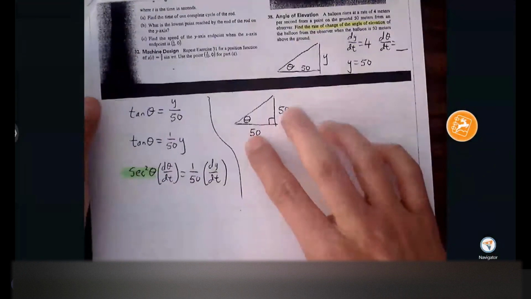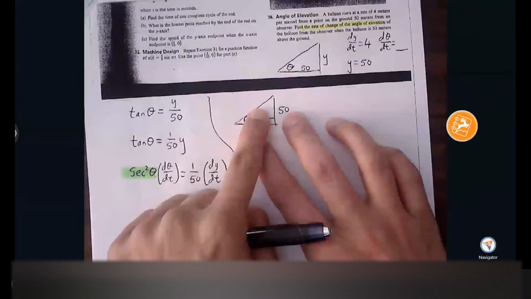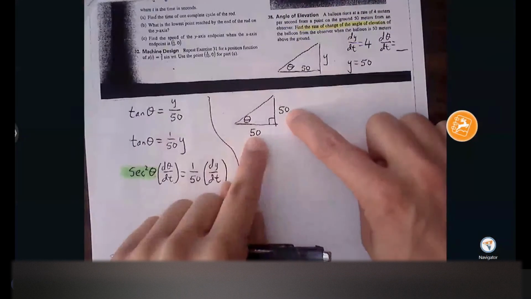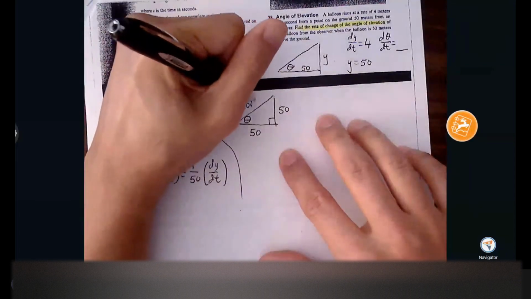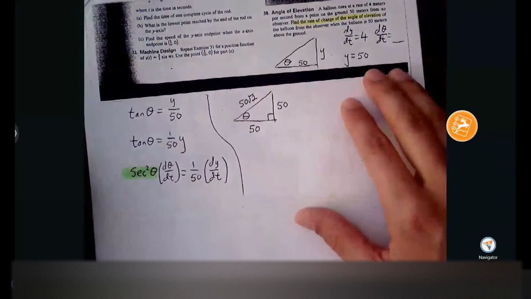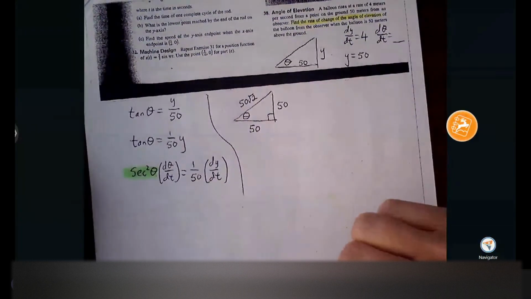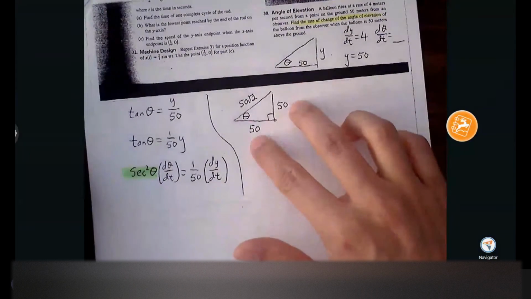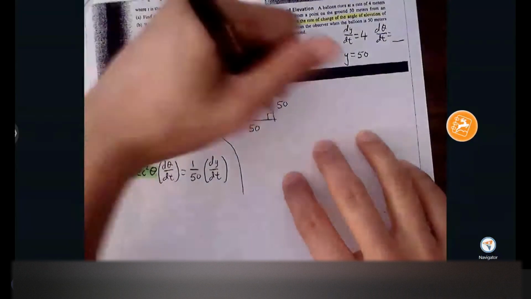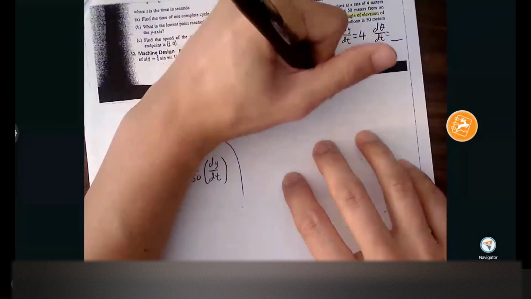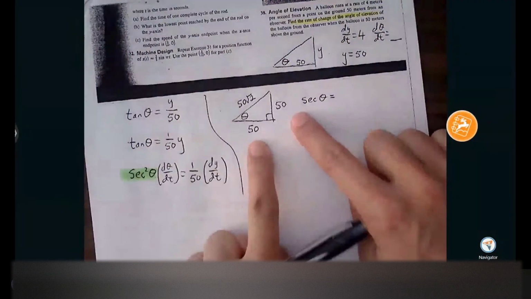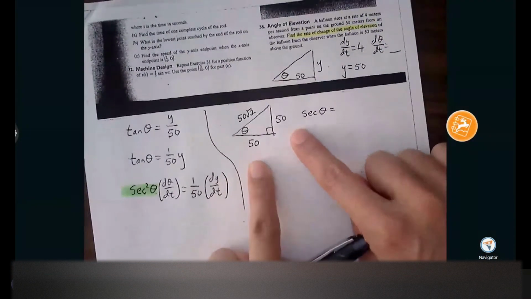Pythagorean theorem, a squared plus b squared equals c squared. But you can also recognize this as a 45, 45, 90 triangle, which is 50 root 2 for our hypotenuse, but Pythagorean theorem also works. So now we need to find a replacement for secant theta, right? Based off this triangle, what's secant of theta going to be?